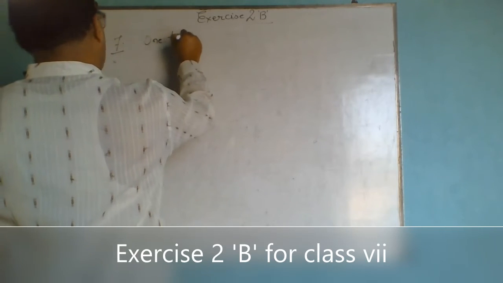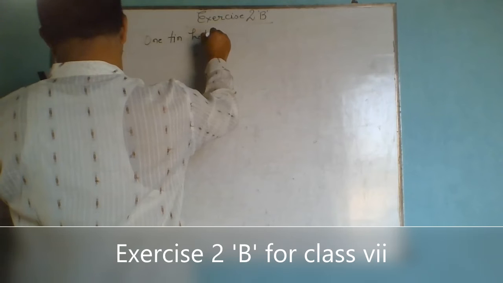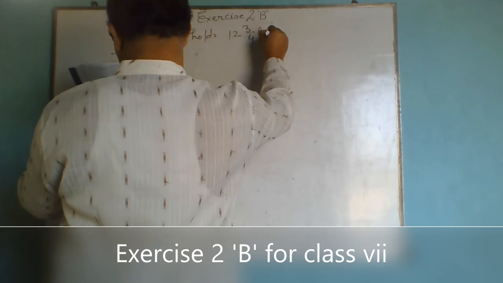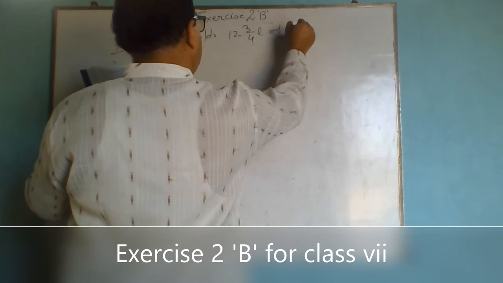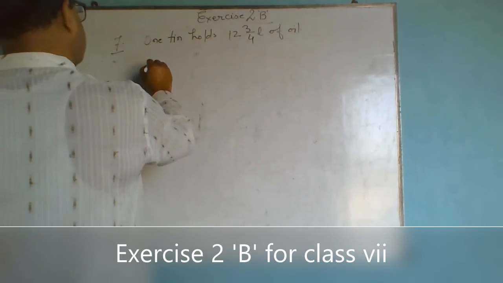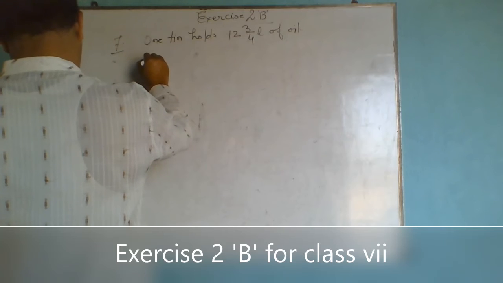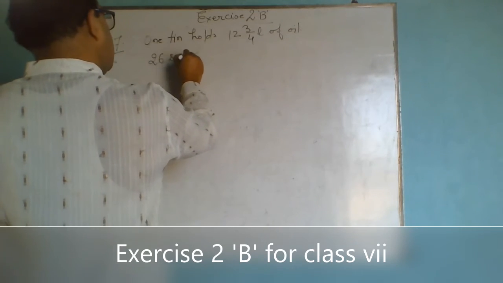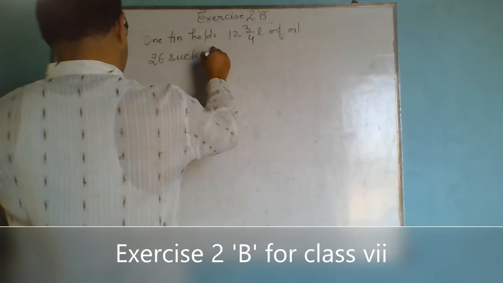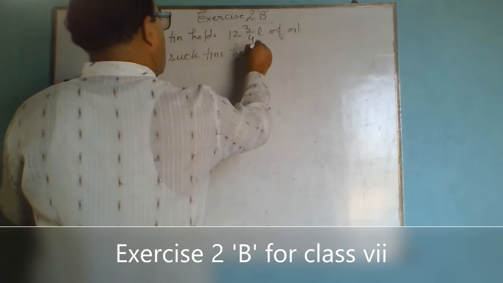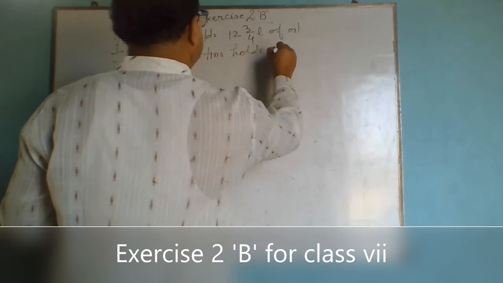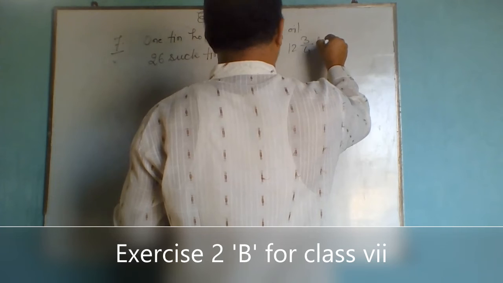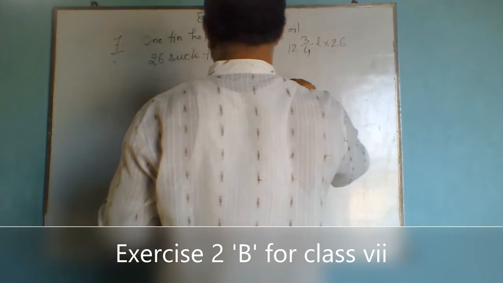One tin holds 12 whole 3 by 4 liter of oil. 26 such tins hold is equal to 12 whole 3 by 4 liter into 26.